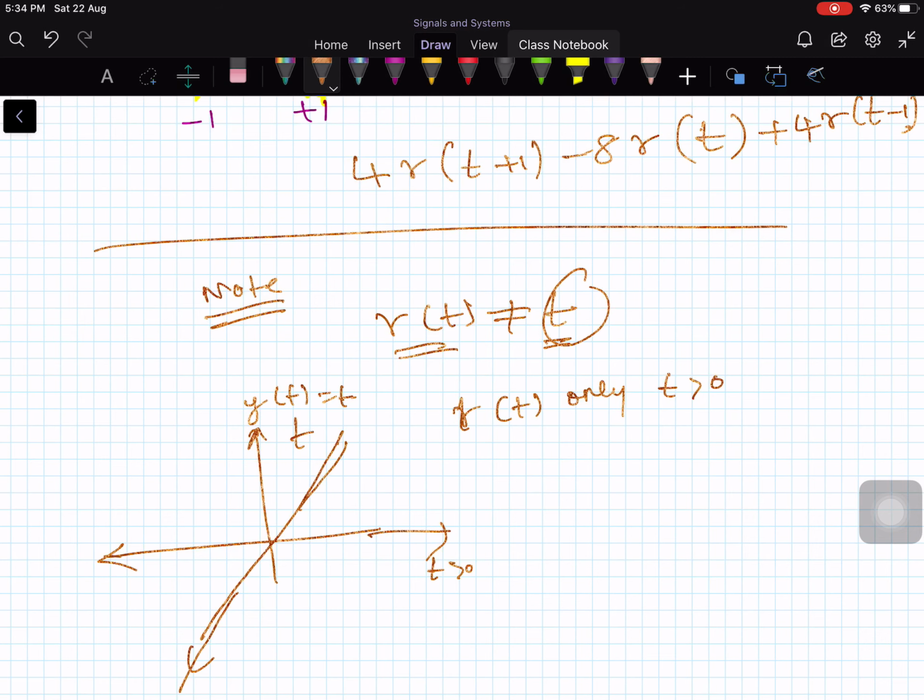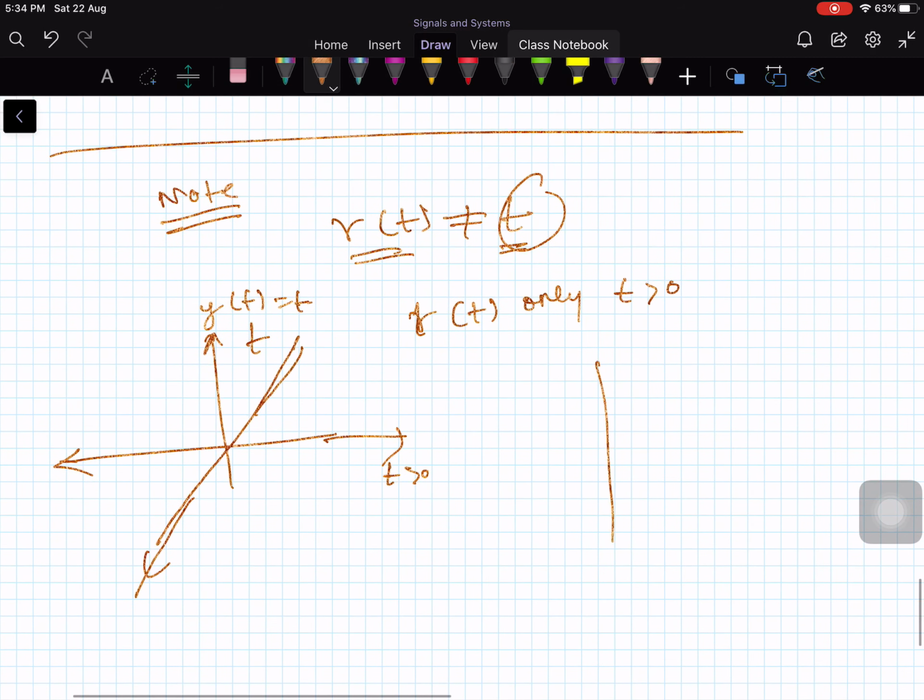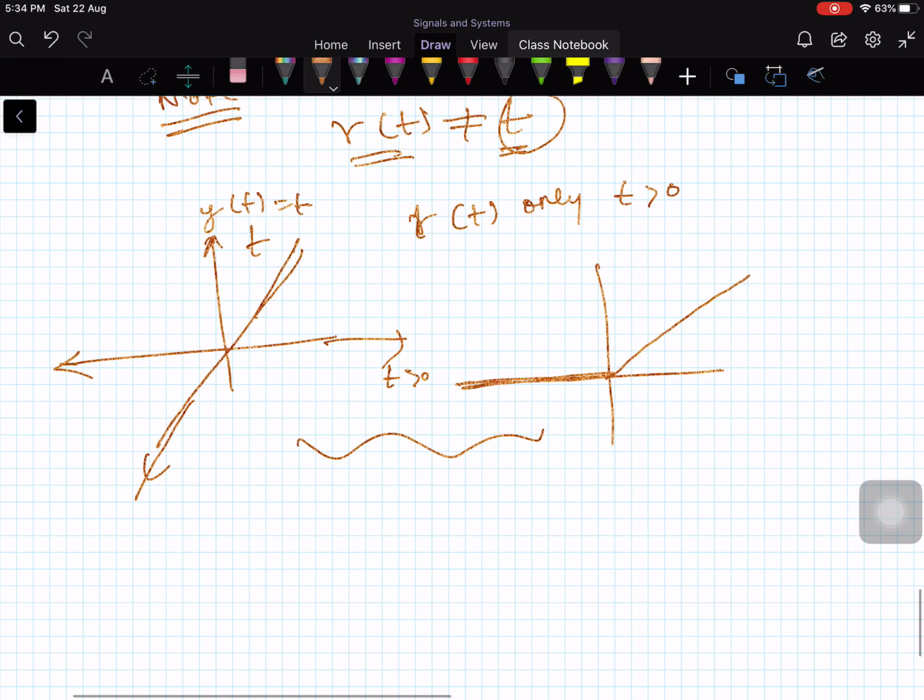But what about r of t? R of t is defined only for positive values of time, and for negative values of time it is 0. Now if you recall from your unit step function, the relation between t and r of t is as follows, because you cut off this portion. How do you cut off?